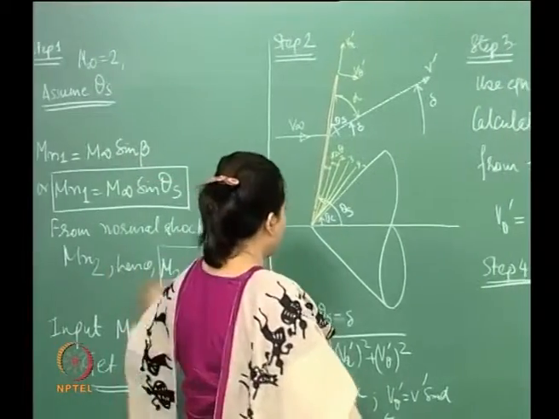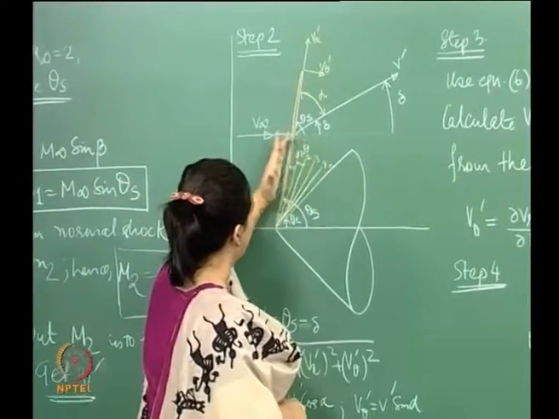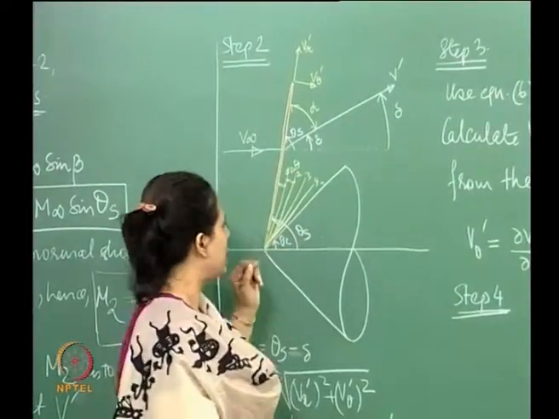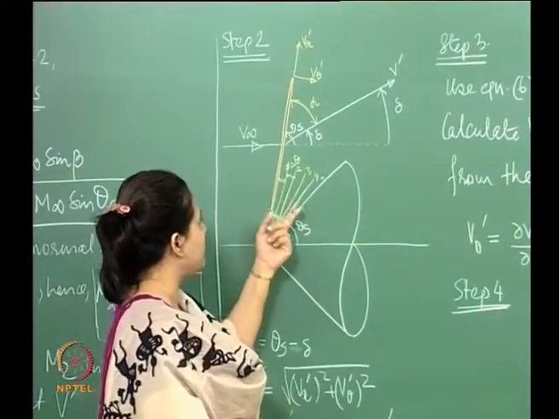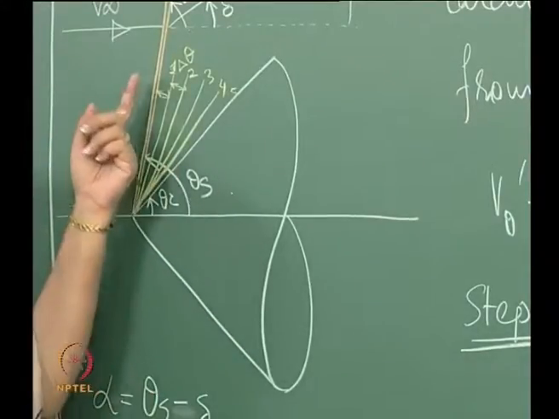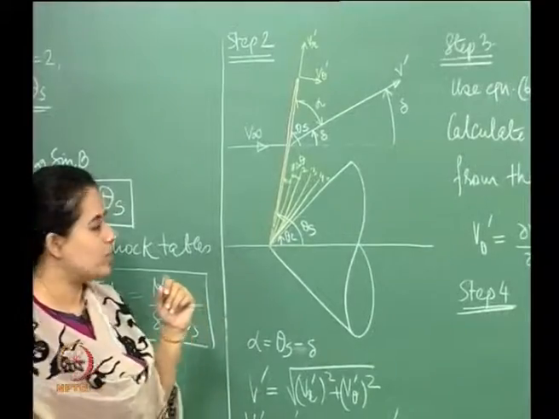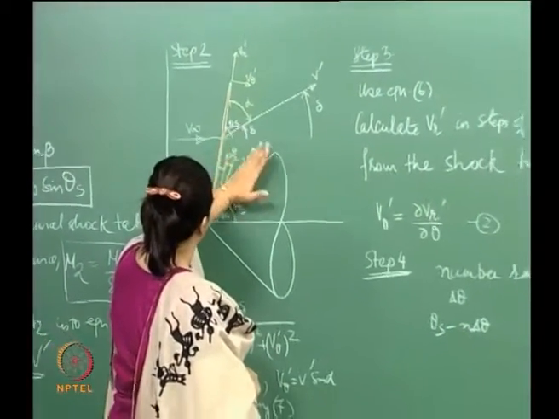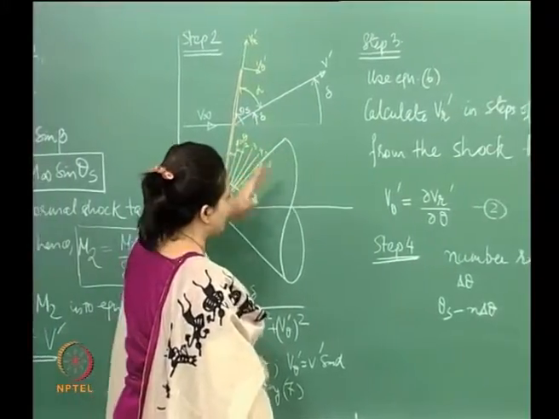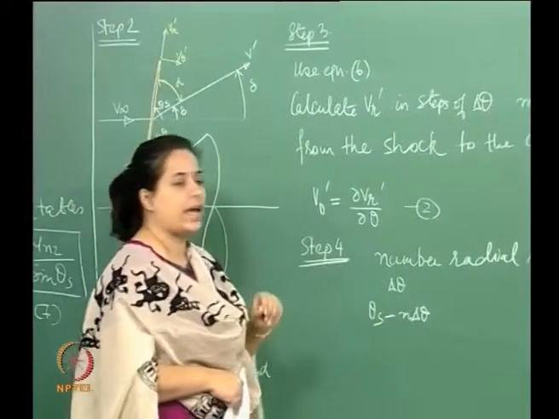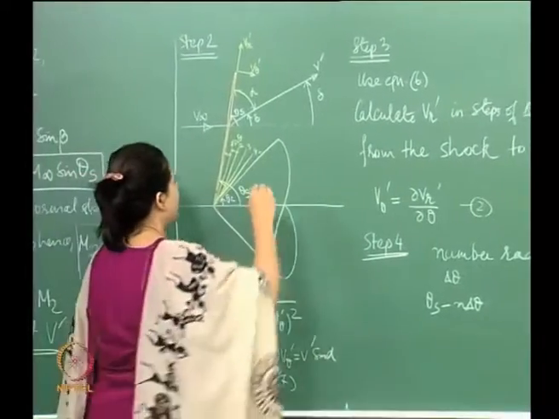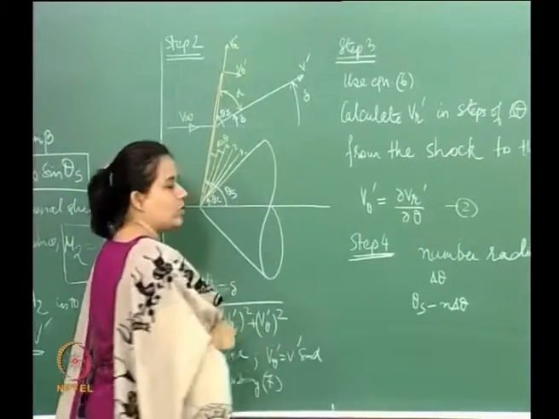Because what we have done here is that we are just dividing this space, which is the angle alpha, which is theta s minus theta c, into n parts, using n radial lines, each spaced out at delta theta. So, therefore, when I start from here, once I have covered this alpha, which is theta s minus n into delta theta, I should have reached the surface of the cone, right. So, I should have reached this surface of the cone.